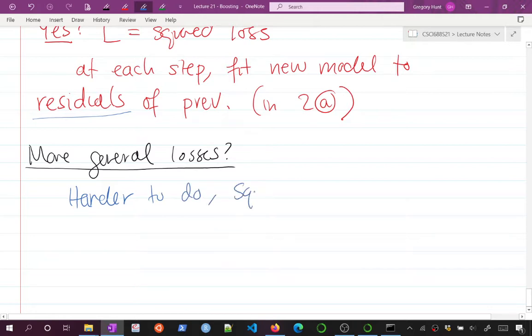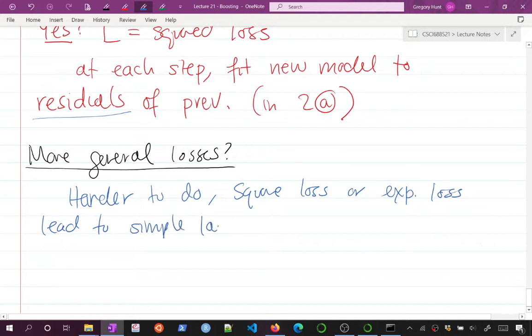The squared loss or exponential loss lead to simple algorithms. Either we're fitting the residuals, or we're just reweighting our examples in a really simple way. And if you have more general losses, it's actually not that simple.